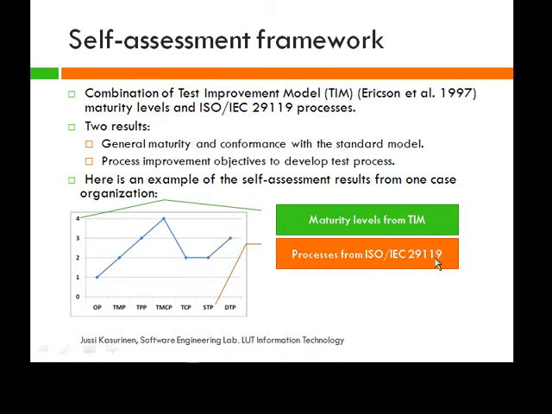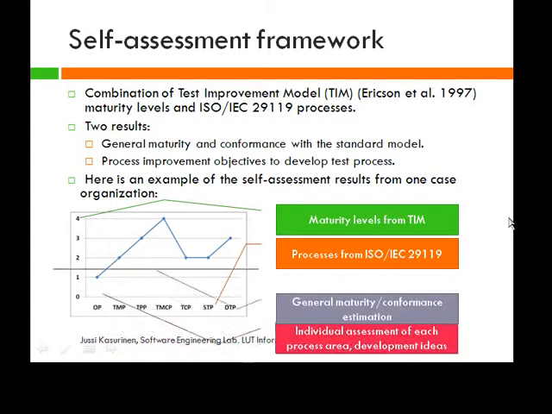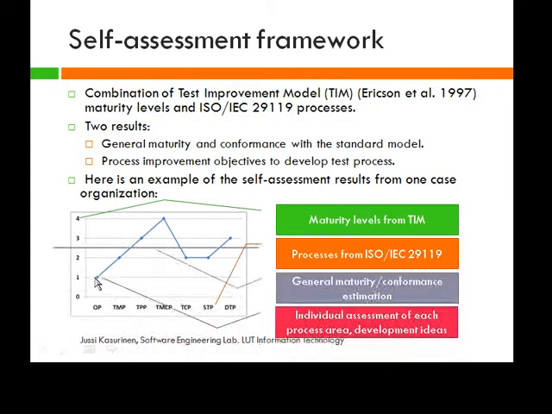And what we can actually get from this self-assessment framework when the assessment is done. First of all, we get individual assessments of each process. So it's possible to see what processes are lacking and consider how these particular things should be developed.